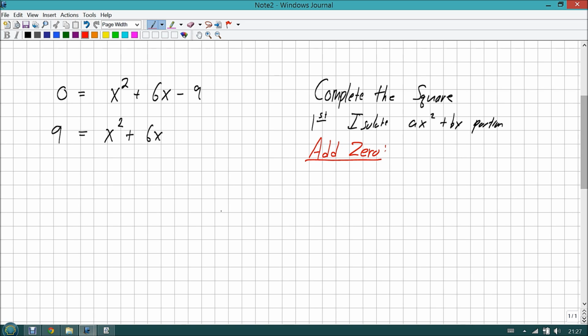Now, the special 0 that we add is going to be in the format of b over 2 quantity squared. We're both going to be adding and subtracting that value.